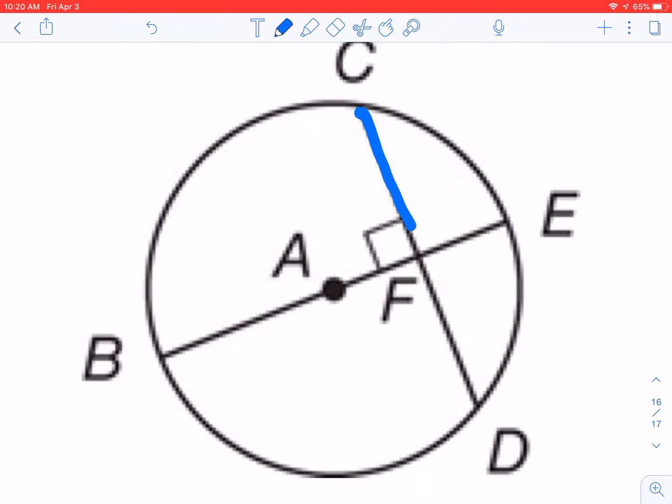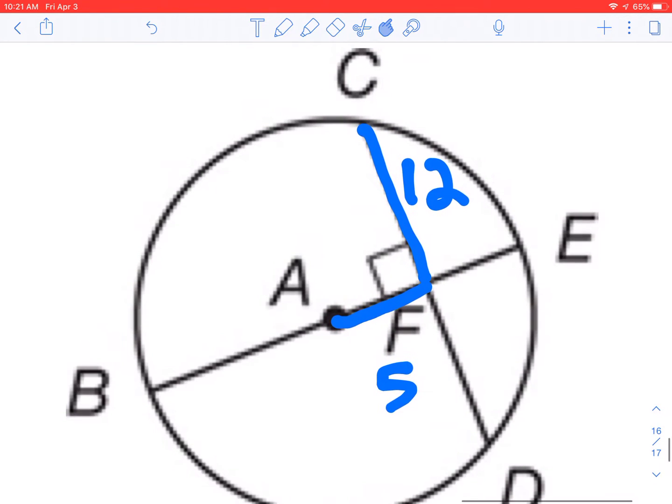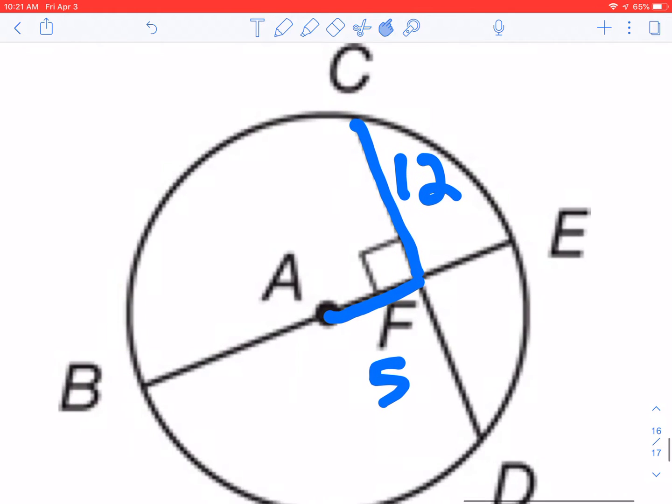That means this one right here is 12, because this whole thing was 24. Then AF is 5, I believe. Let me go back and look. Yes, AF is 5. And now I need to find the radius, which is right here. If I can draw right, it is right there.